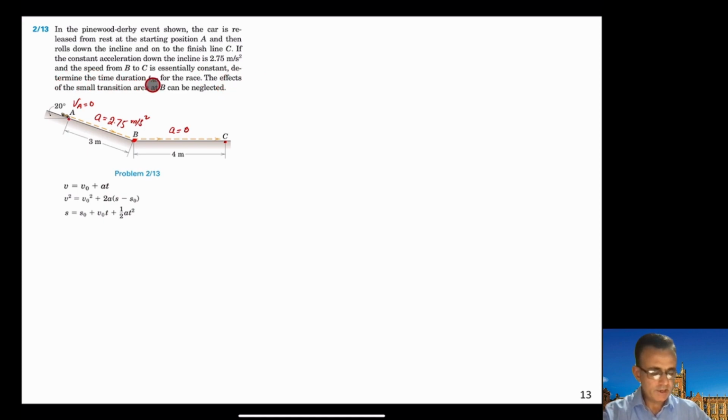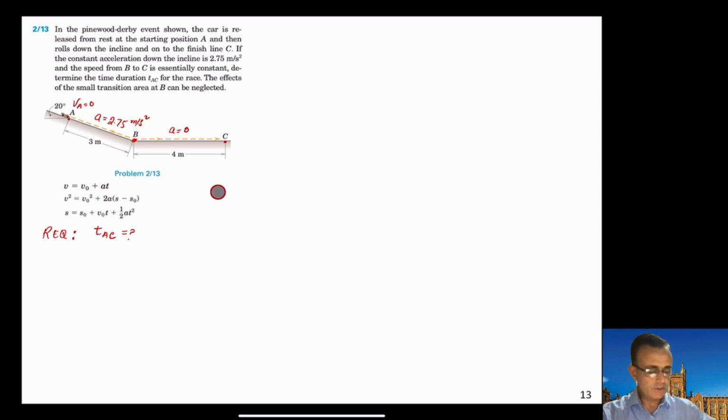Determine the time duration TAC for the race. So the requirement here is that you need to calculate the TAC. The effect of a small transition area at B can be neglected. So when the car is moving in this direction and then it changes direction, we can just ignore this.